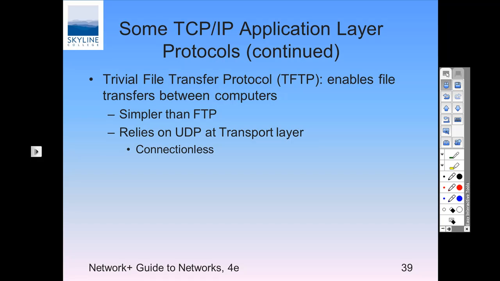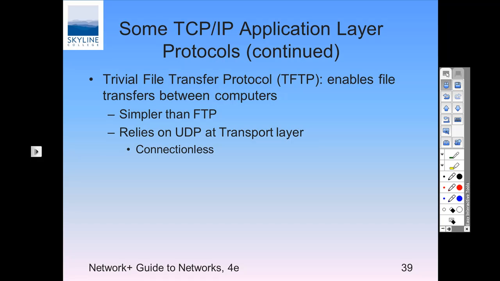Well, when we connect, we either have to use TCP or UDP at layer 4. So if we're going to use the FTP service, we have to use the TCP layer 4 protocol. If we use the Trivial File Transfer Protocol, which really is a much simpler one, we use UDP.